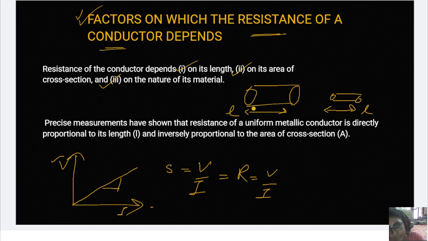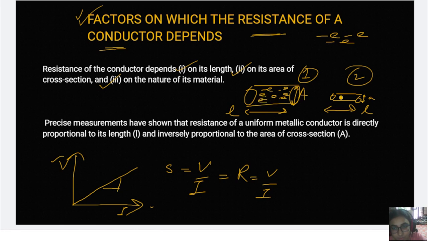But this has a wider area of cross section, A, and this has a very small area of cross section. So tell me something, in which of the wires, one or two, the flow of current will be more? By flow of current, in another way, we can also say the flow of electrons. Which wire will accommodate more electrons per unit time? This one or this one?